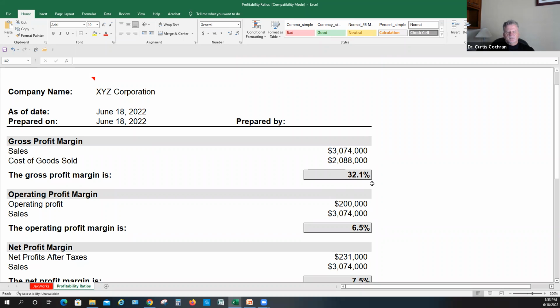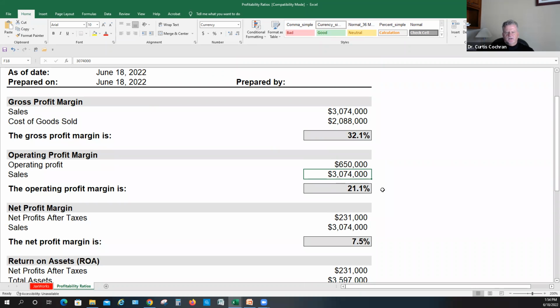Operating profit margin. Operating profits 200,000. Again, sales 3 million. And I was actually playing with this number for a client. So it's actually not 200,000. I think this one was 650,000. I can't remember. And so that's an operating profit margin of 21%. And again, these numbers obviously change, not a problem.